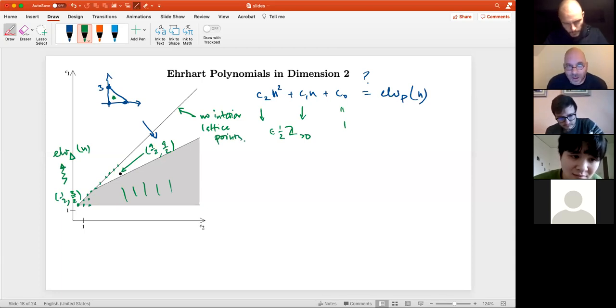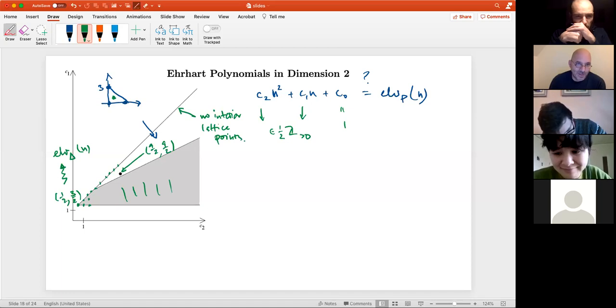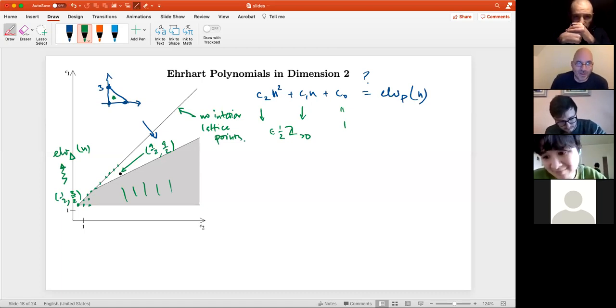So you can cook up... maybe we should have made that an exercise. Actually, you can cook up realizations of all these half-integral points as Ehrhart polynomials of lattice polygons with no interior lattice points. Everybody else has interior lattice points. Once you have interior lattice points, there are new constraints on your Ehrhart polynomials, with one exception.